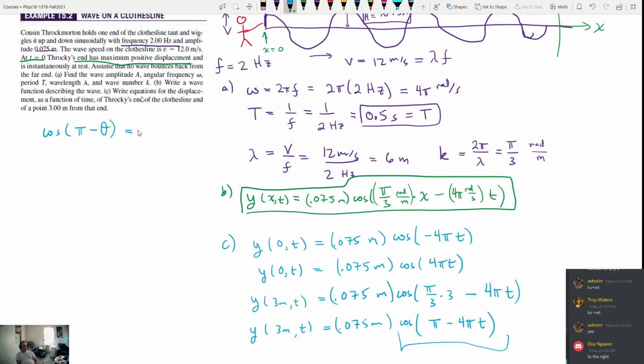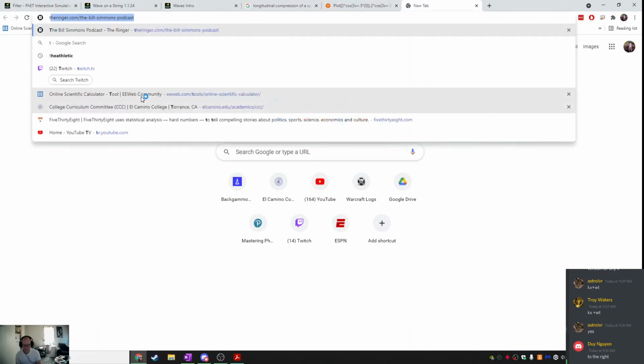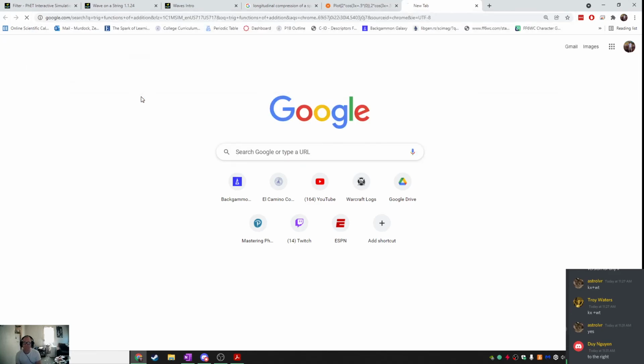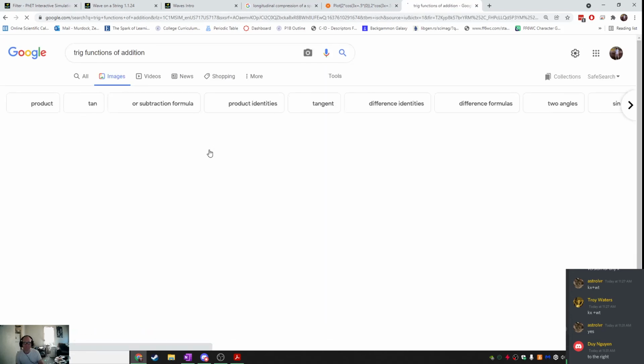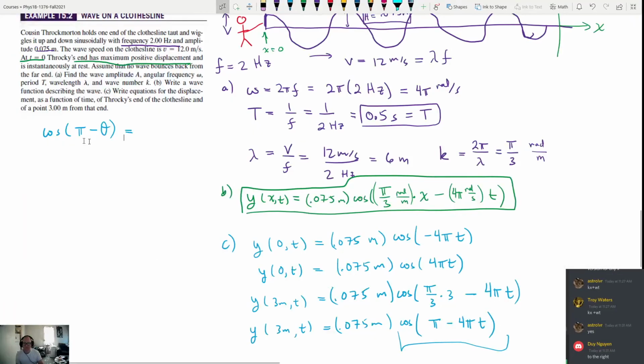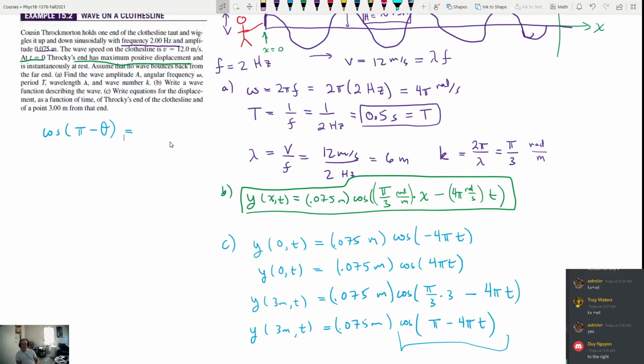Suppose you didn't know. How could you figure it out? What if we use the, what is it called, like the addition of cosine angles? You know what I'm talking about? Like this one, right here. Cosine of alpha minus beta is cosine cosine plus sine sine. So this is equal to cos pi cos theta minus, was it minus or plus?